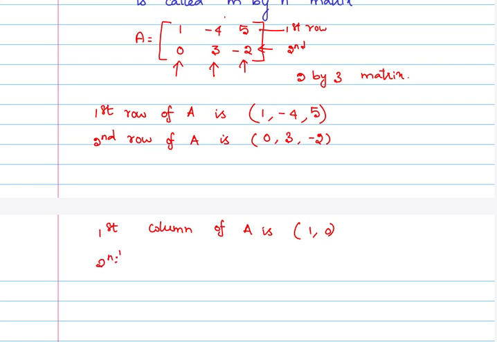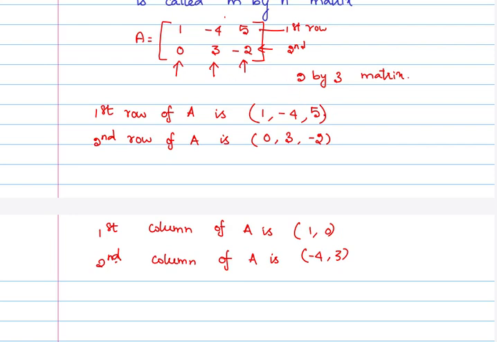The second column of A is -4, 3. You can find the third column of the matrix A; please post it in the comment box.